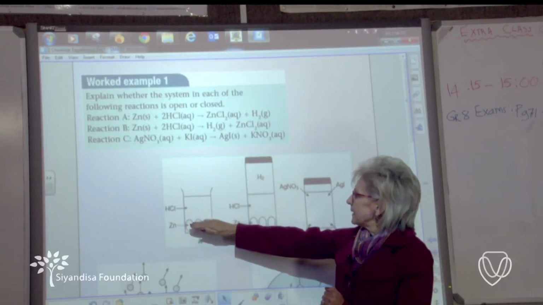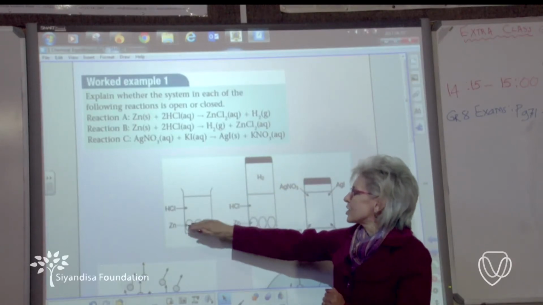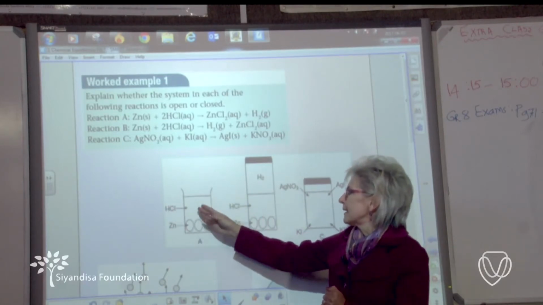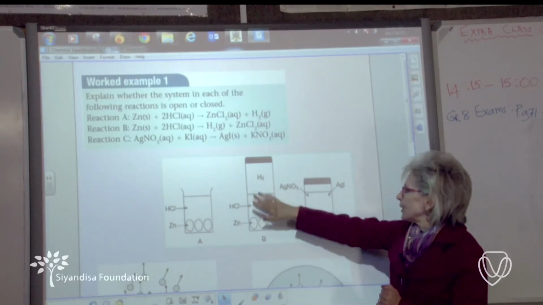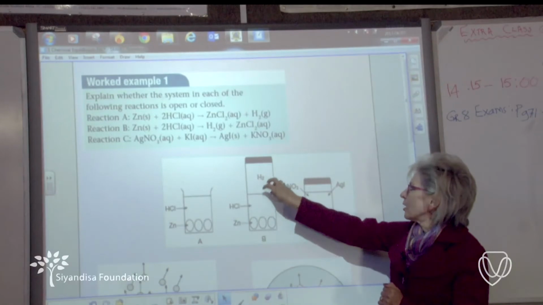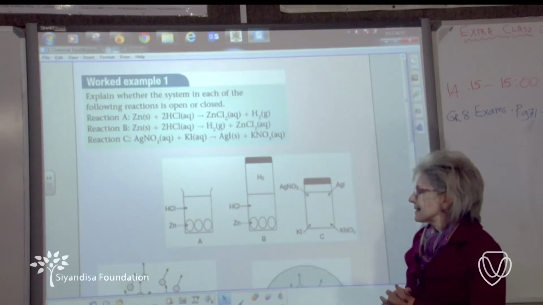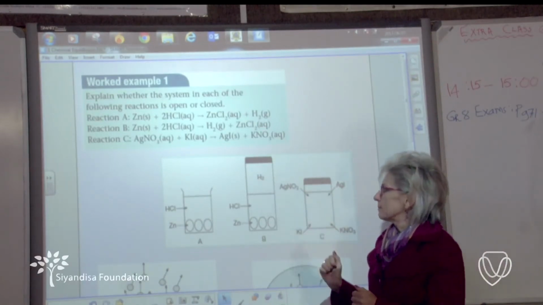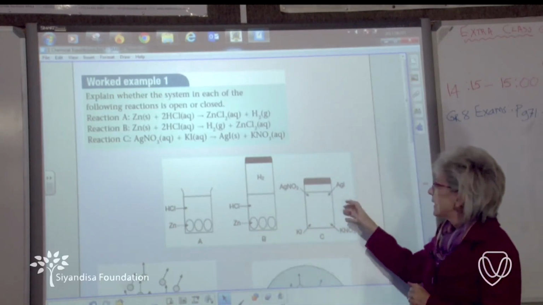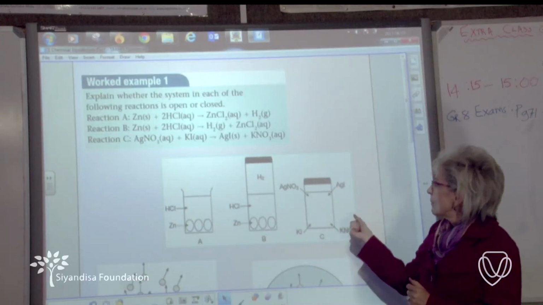This one is definitely an open system, because in this reaction we are going to get hydrogen gas being formed and hydrogen gas will escape. If you put the same chemicals in a container that's got a lid on it, it is a closed system, but it's still not a reversible reaction.